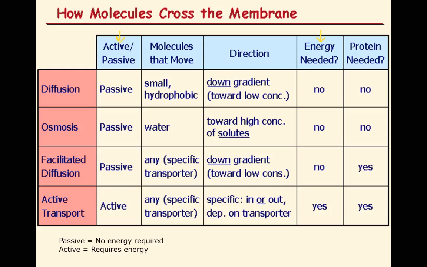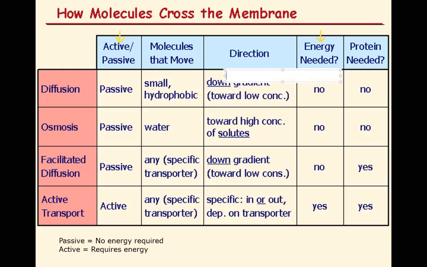Then we start looking at what type of molecules actually move through. With simple diffusion, which doesn't need the help of a protein, you're looking at small things, typically hydrophobic or nonpolar. This is why we're looking at things like oxygen, carbon dioxide, water. They have to be really small. And they're always going to go down the concentration gradient.